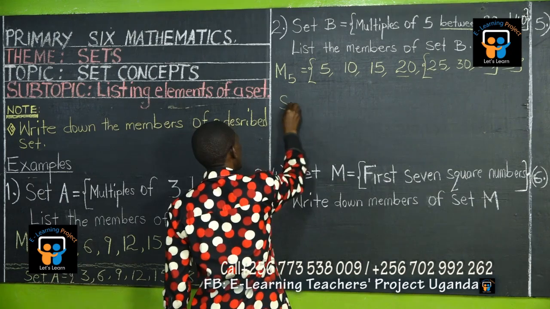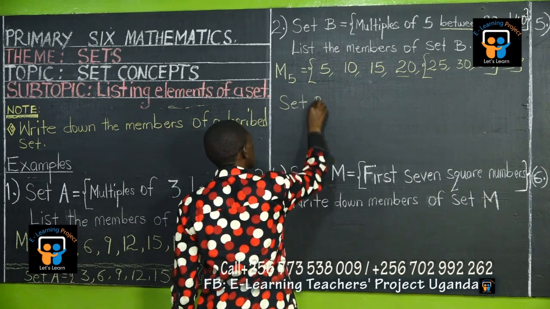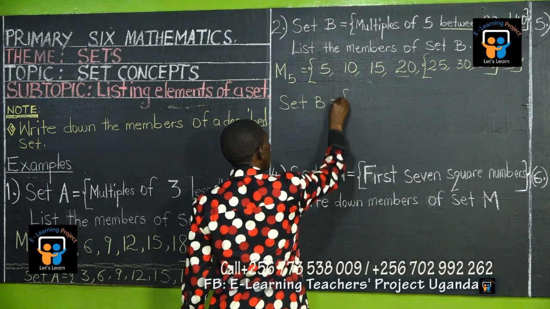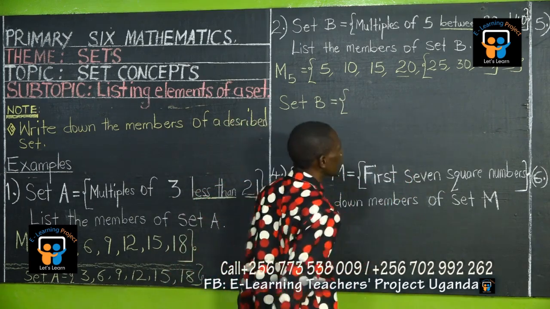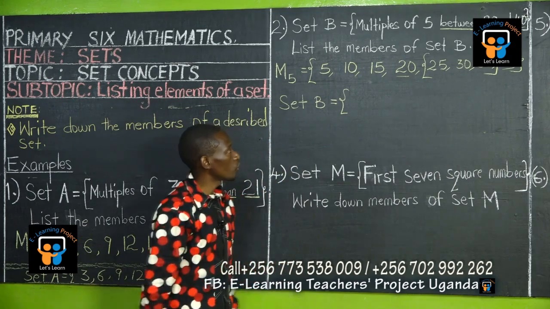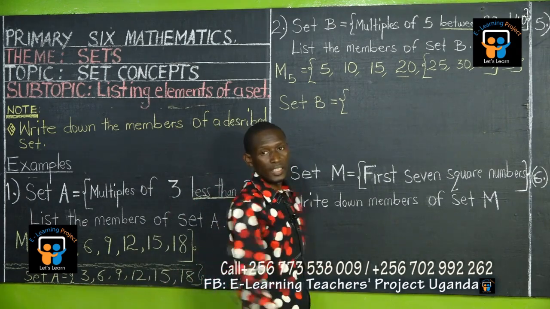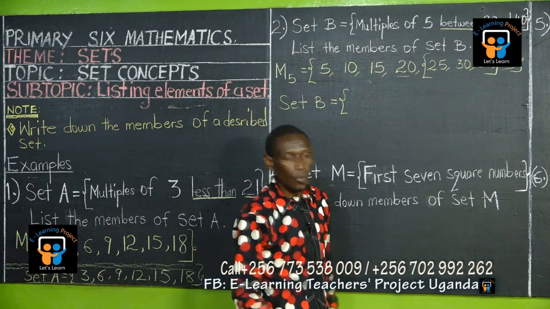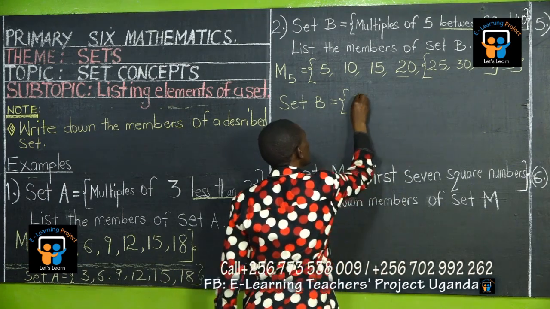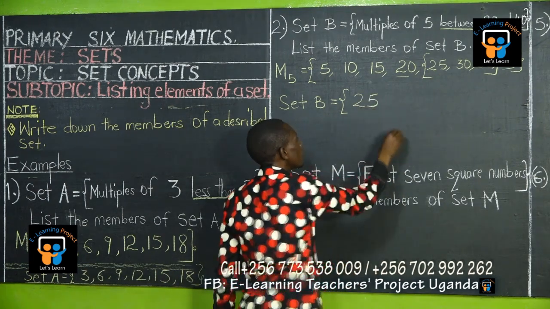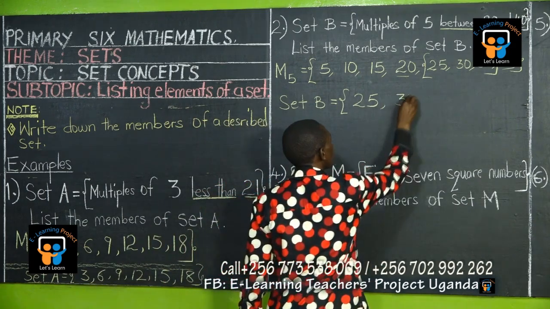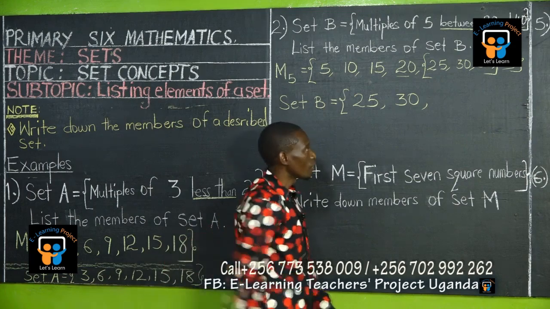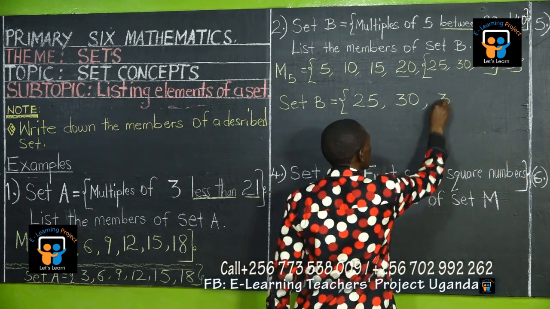Set B equal to, you open the curly bracket, then write these members that are multiples of 5 that are between 20 and 40, which is, tell me class, good, 25, 30, good, and then 35.